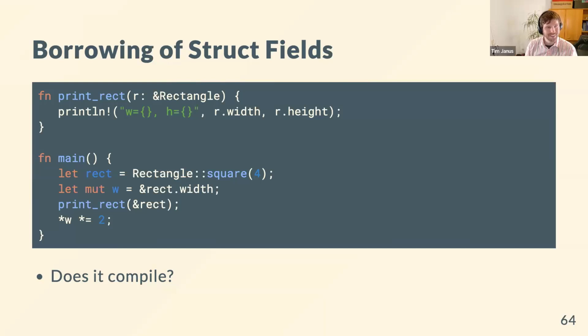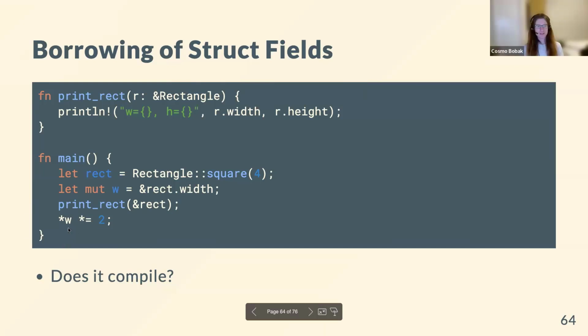That is borrowing again. And the question is, if we generate a rectangle, we have a mutable reference to W. Did you intend it to be a mutable reference or just a mutable binding? Yeah, I think I did the code wrong, right? Sorry for that.